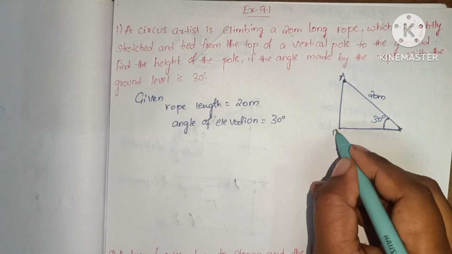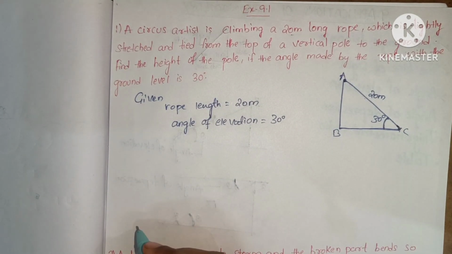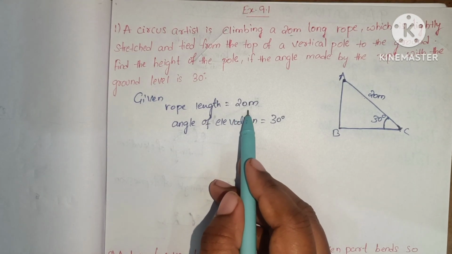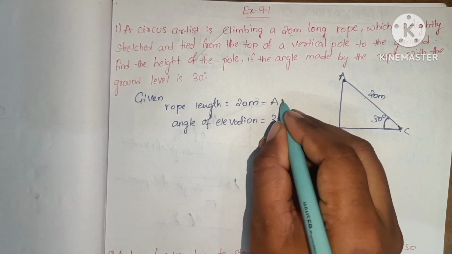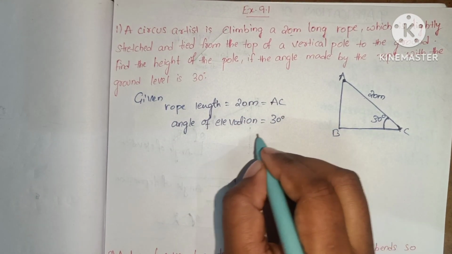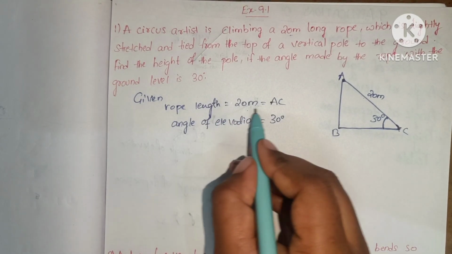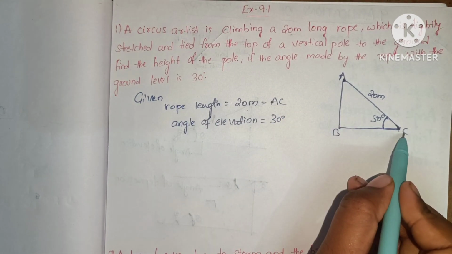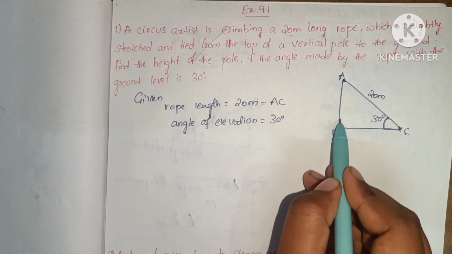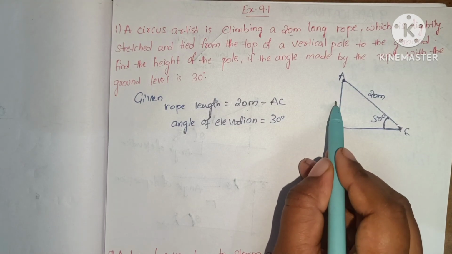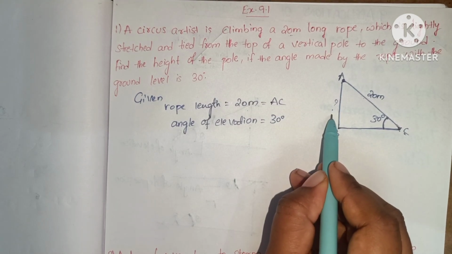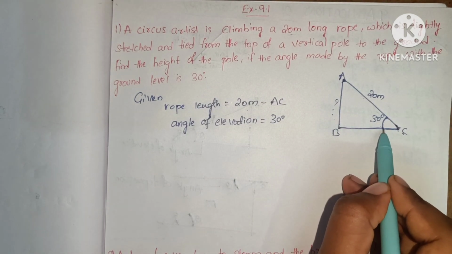I named it ABC. Here you have 20 meters equal to AC, and 30 degrees. AC is the hypotenuse. And you have to find the opposite side. The height of the pole is this, right? So you have to find this one. And you have one angle.